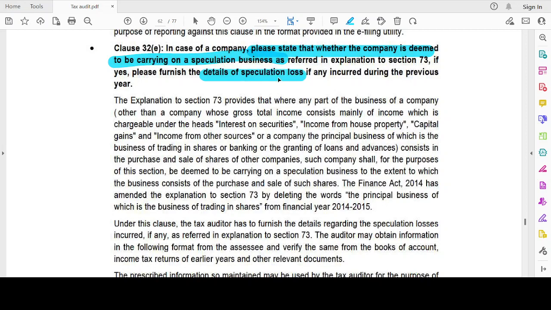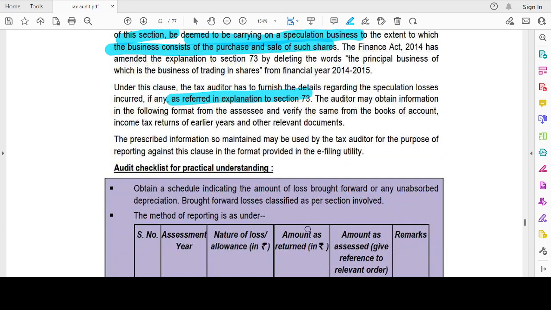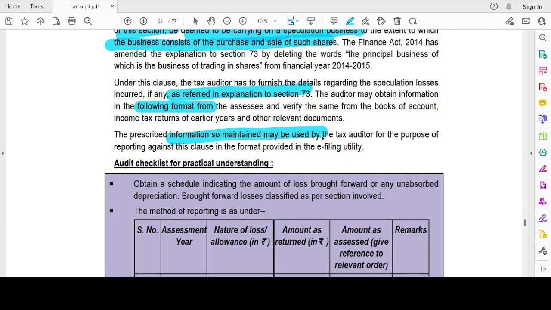The Explanation says that where any part of the business of a company consists of the purchase and sale of shares of other companies, such company shall, for the purposes of this section, be deemed to be carrying on a speculation business to the extent to which the business consists of purchase and sale of shares. Under this clause, the tax auditor has to furnish details regarding the speculation loss, if any, referred to in the Explanation to section 73. The auditor has to obtain information in the following format. The prescribed information is to be maintained in the working paper.